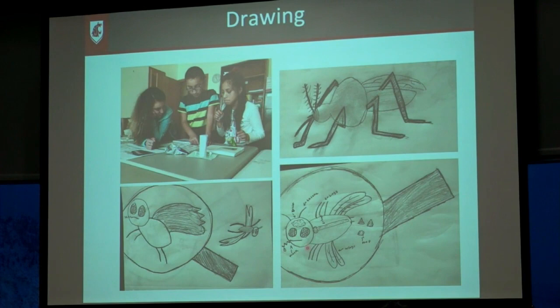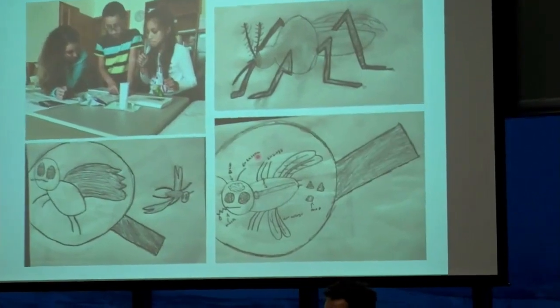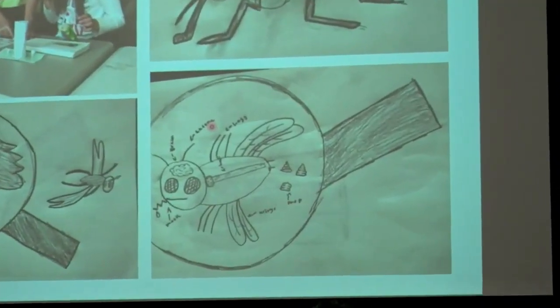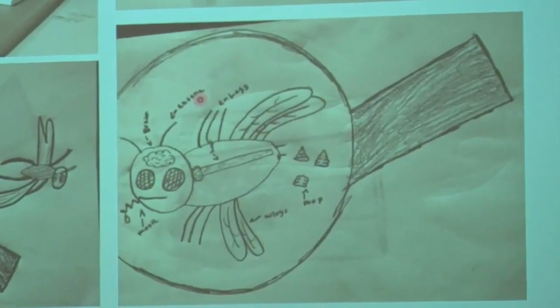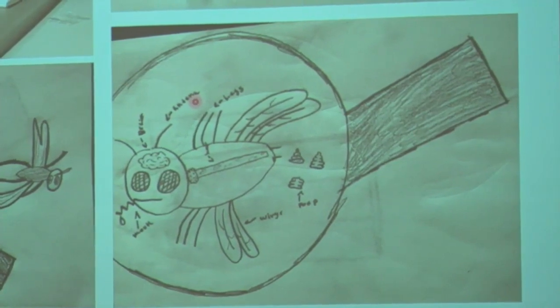This student has annotated their drawing with internal anatomy, so you can see the brain and the gut and arrows illustrating the different parts. It's also quite interesting to see what the drawings reveal about what the student picks up and understands and what they don't.